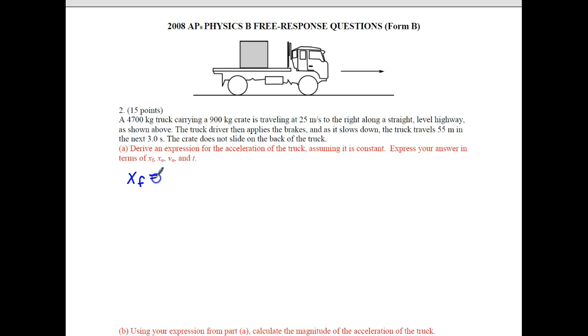It's xf minus xo, the change in position, is equal to vo t minus 1/2 a t squared, because we know that it is slowing down. At this point, we need to find our expression.